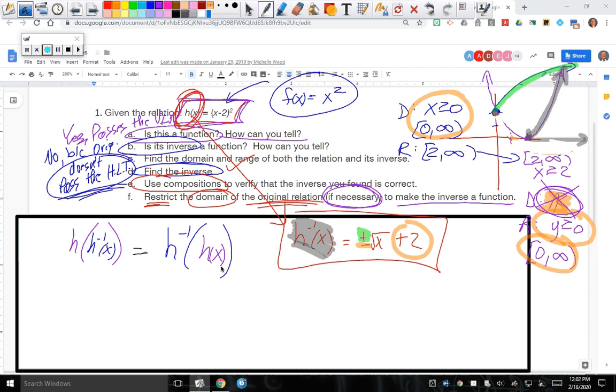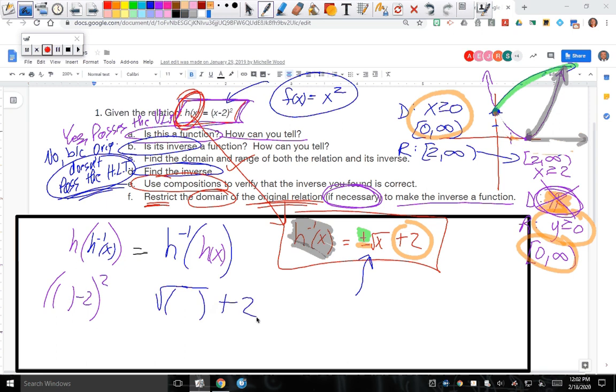So on the left side, let's build the original. The original one looked like this: something minus 2 quantity squared. The inverse that we found was just the positive version, and it was the square root of something plus 2.